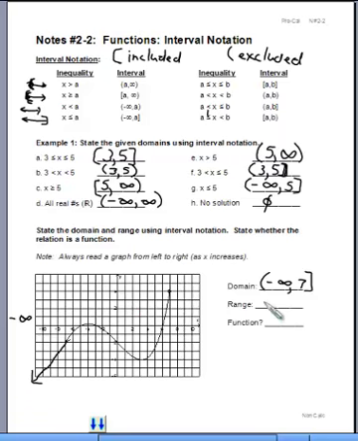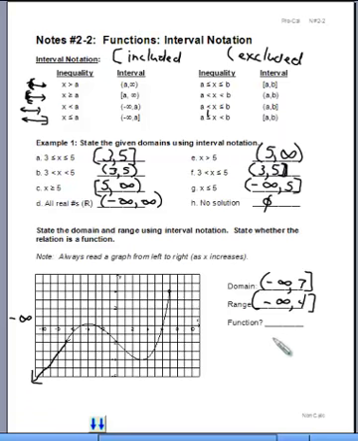So we're going from negative infinity up to 4, and it includes 4, and of course doesn't include infinity. But this is a caution, because it looks like you should include that line, but with that arrow there, it goes farther. You always go to the lowest point on the graph.